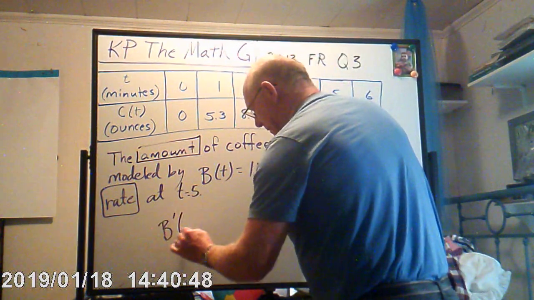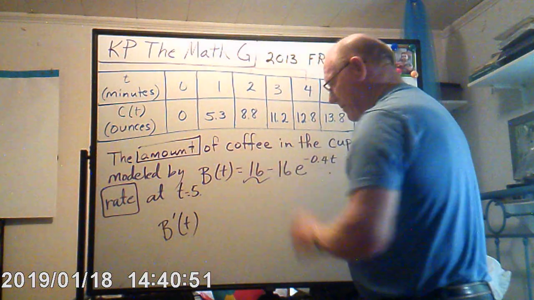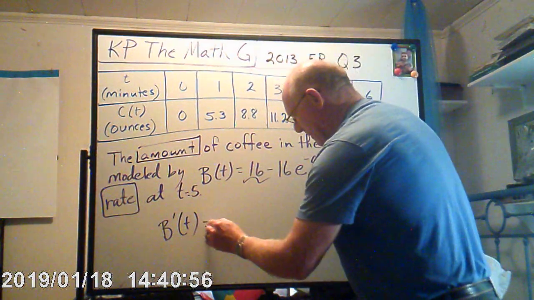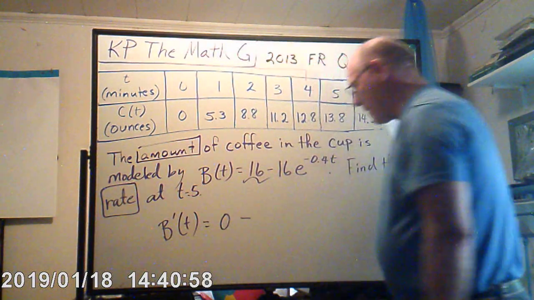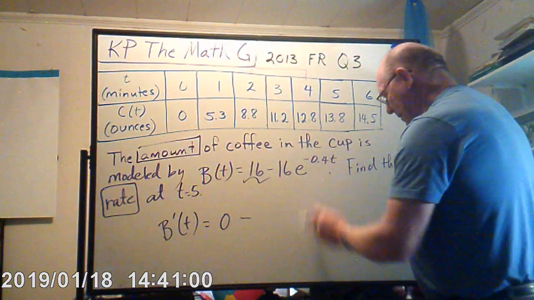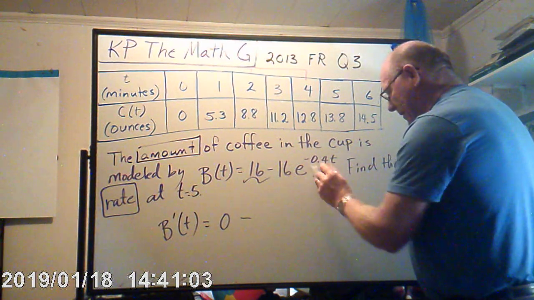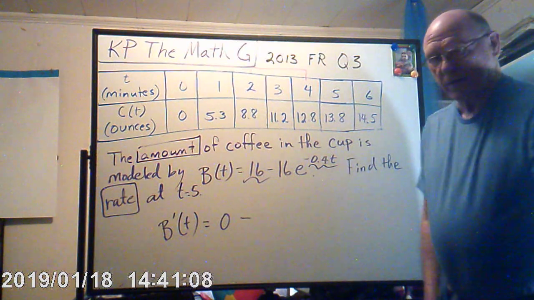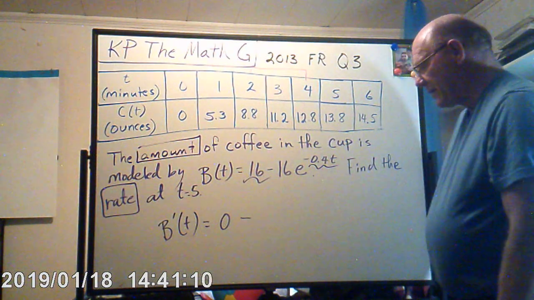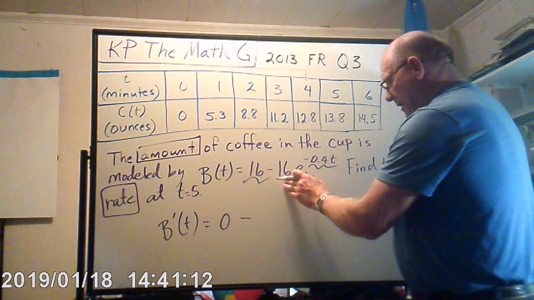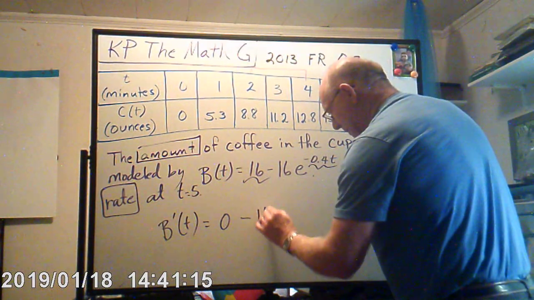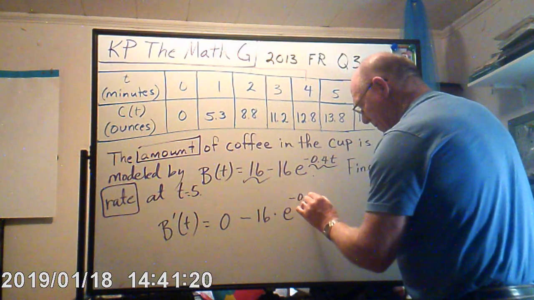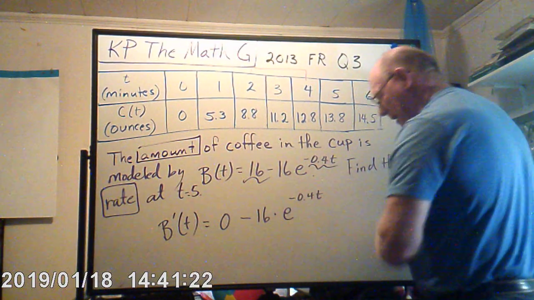B prime at t. Now we know that the derivative of a constant is 0. Minus sign. Now we know that the derivative of e to anything is e to that thing, and then of course the chain rule says you've got to take the derivative of that part of it as well. So we still keep the 16. So 16 times e to the negative 0.4t.